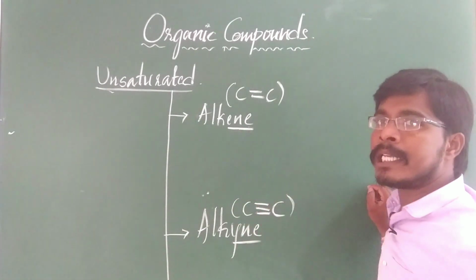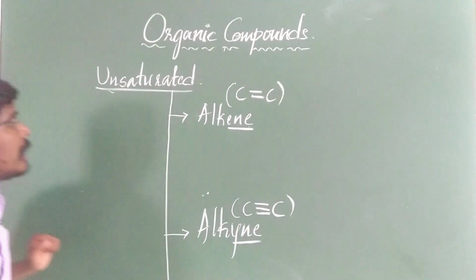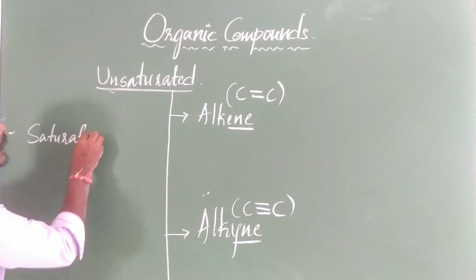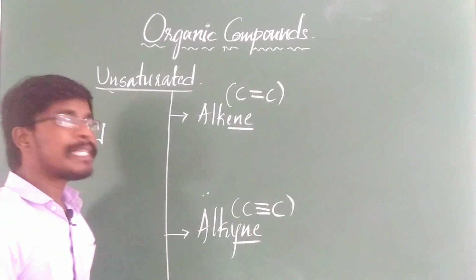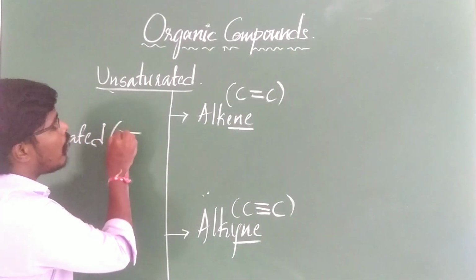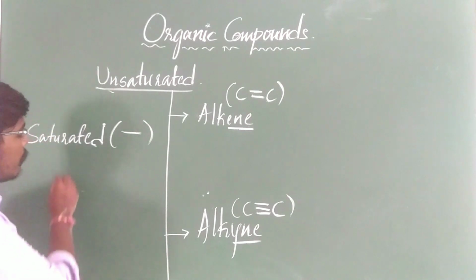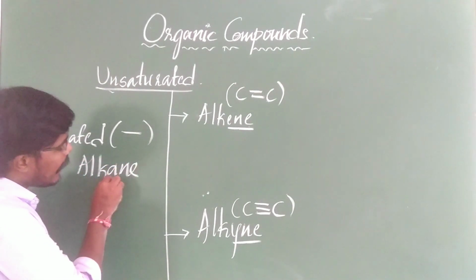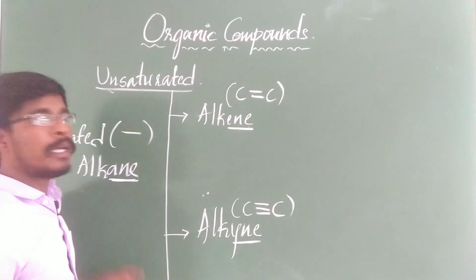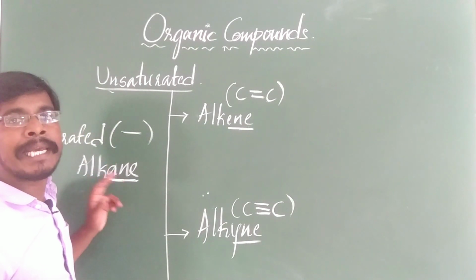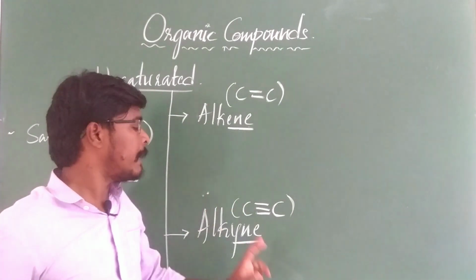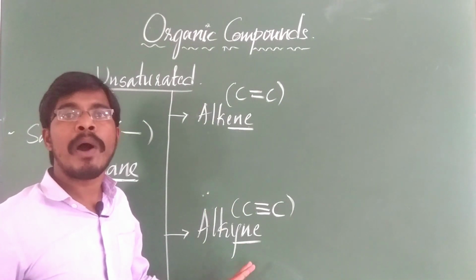If it is saturated, it has a single bond, carbon with carbon, and the name is alkane. A-N-E is the suffix word. So single bond, ane, alkane. Double bond, ene, alkene. Triple bond, yne, alkyne.